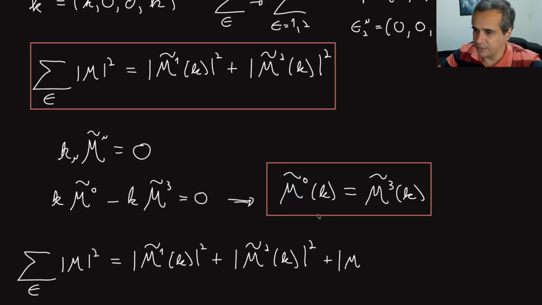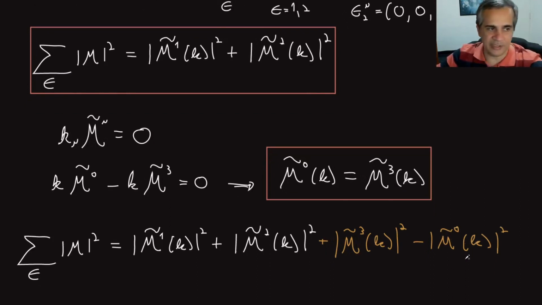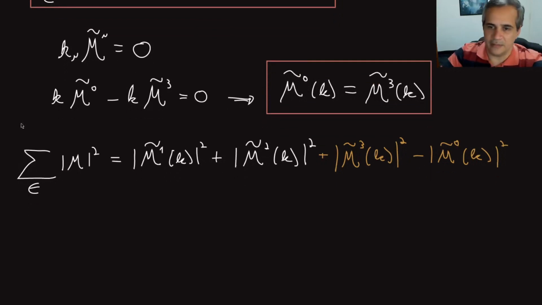Let me put this in a different color: M tilde 3 of k squared, or rather minus M tilde 0 of k squared, because this relation guarantees that this is 0. I'm just adding 0 here. But then I can rewrite this expression like this.